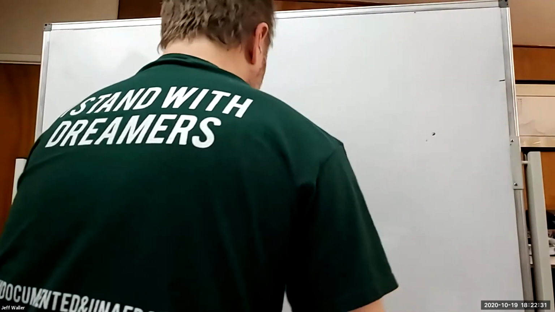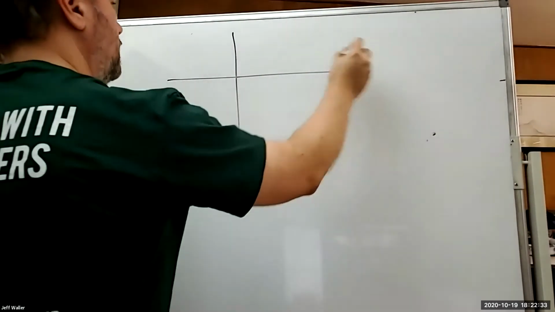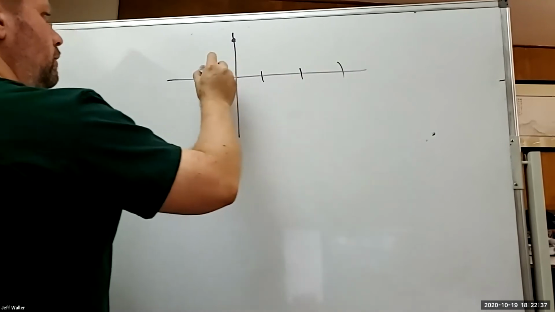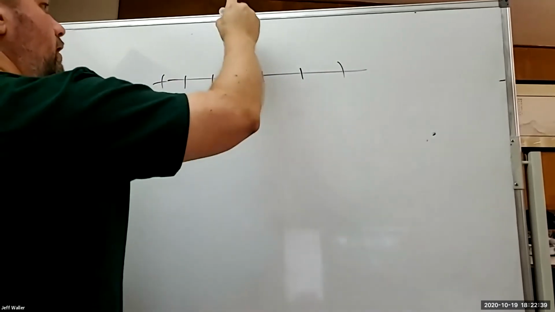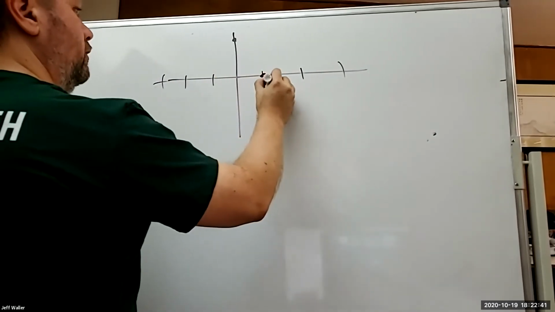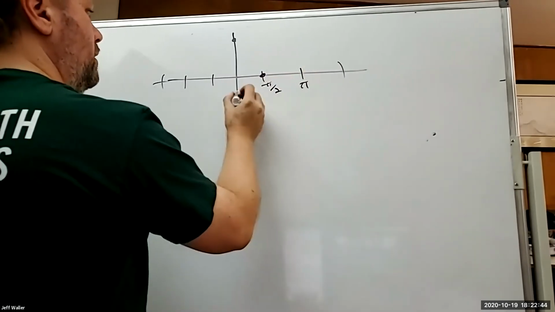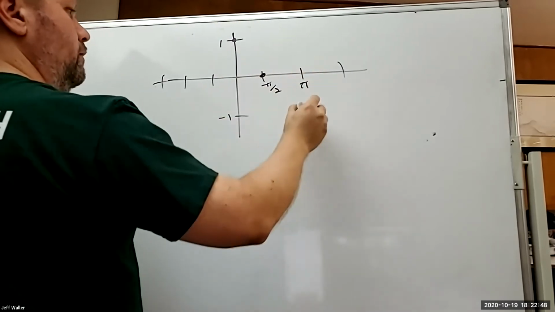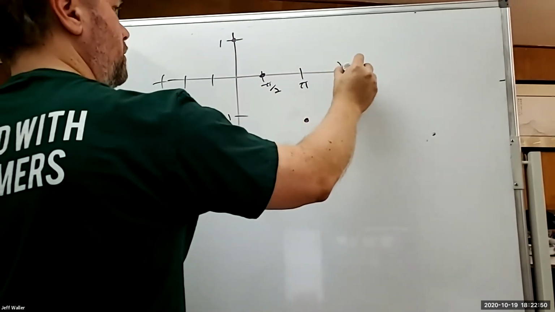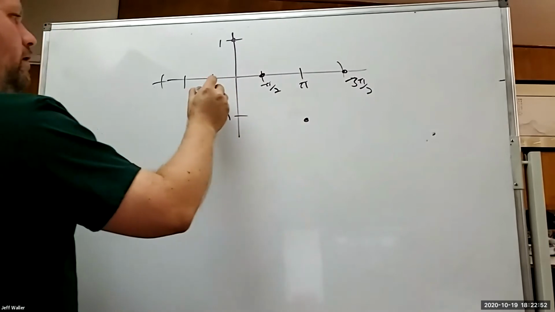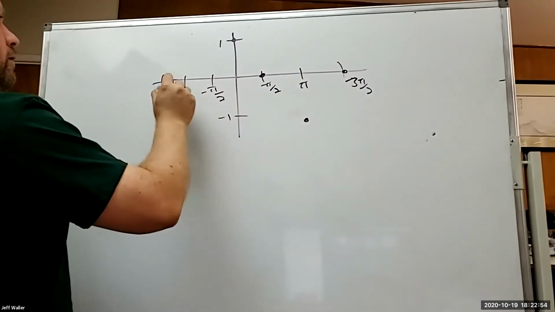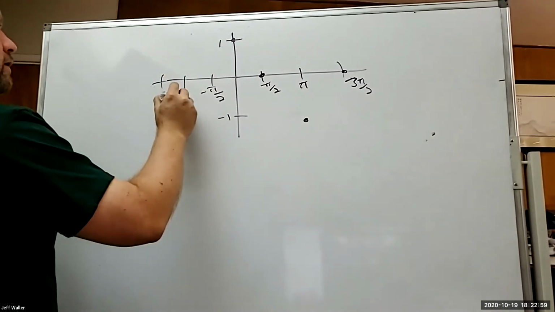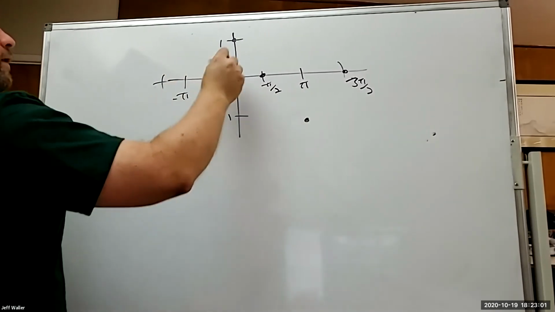So to do this a little bit quickly, cosine, of course, goes like this. This will be pi over 2, this will be pi, 3 pi over 2, and then negative pi over 2. I should do this just to show you what happens.